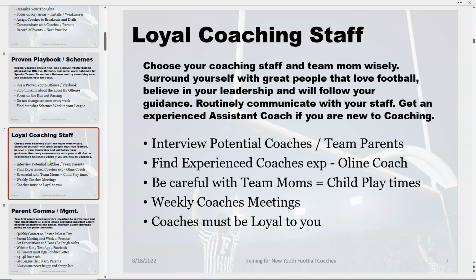The other thing is make sure you get a loyal coaching staff, man. Choose them wisely along with your team mom. You want to surround yourself with people that are really into football, believe in you and your leadership, and are going to follow you. You also want to routinely communicate with them.